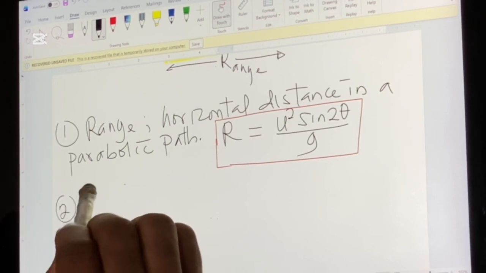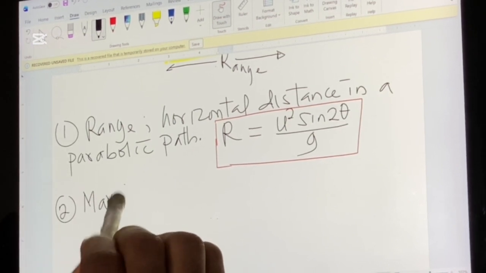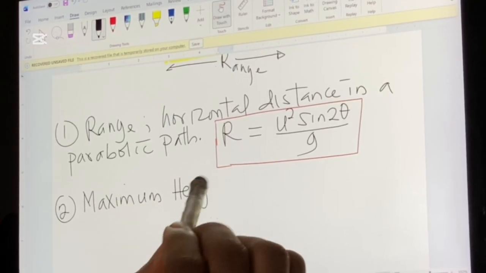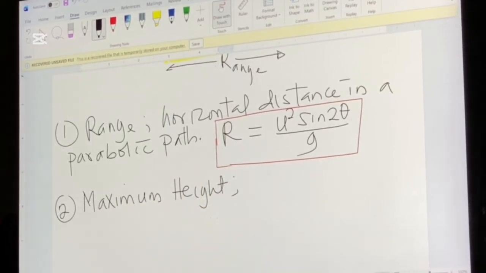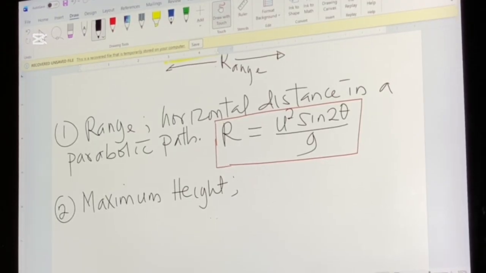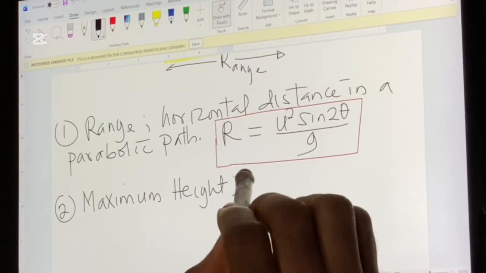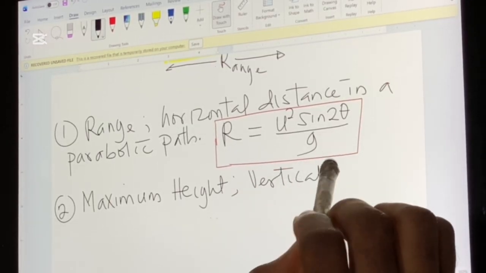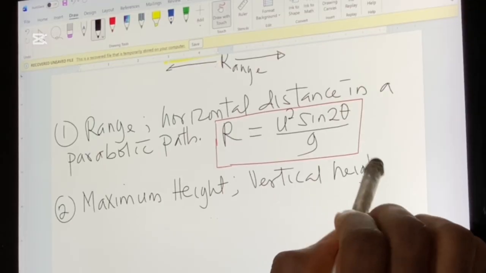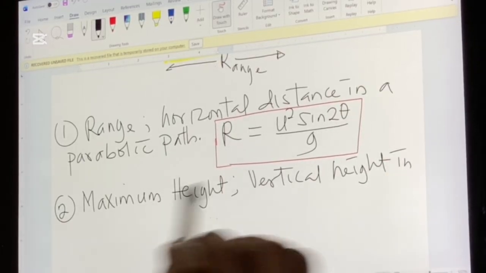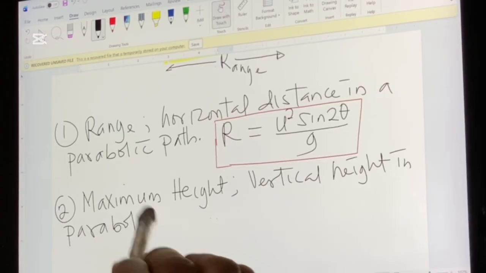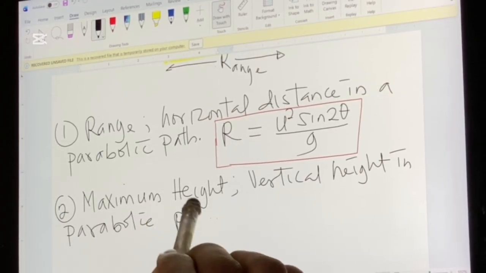Let's define what maximum height is: vertical height in a parabolic path or curve.